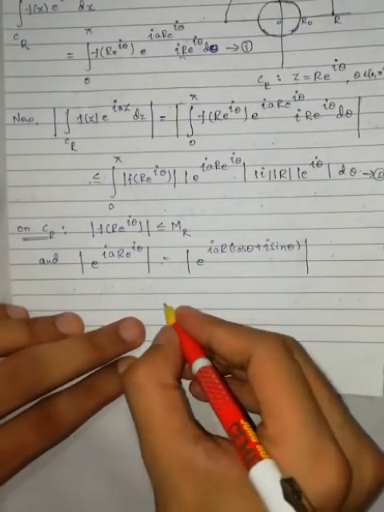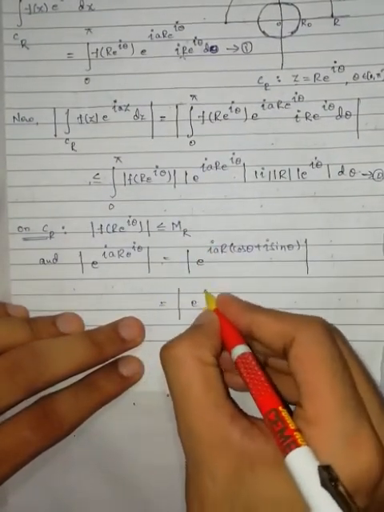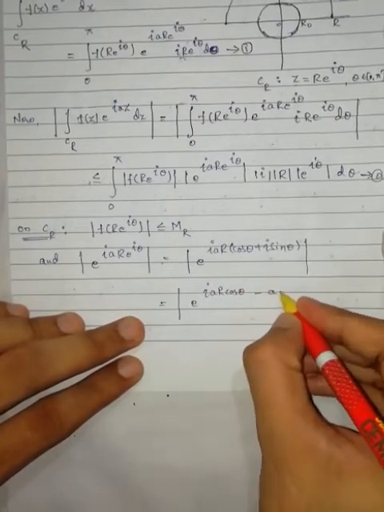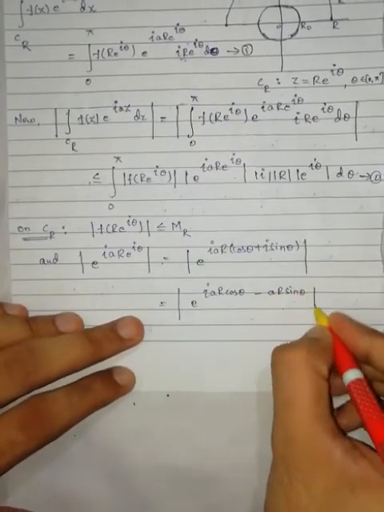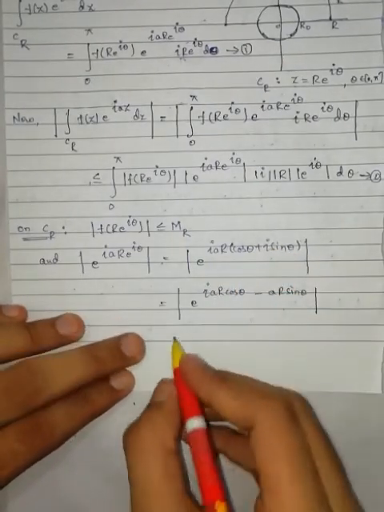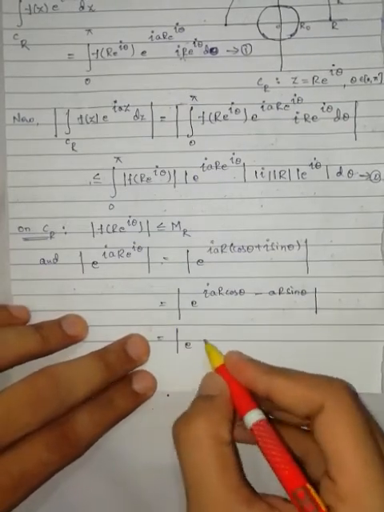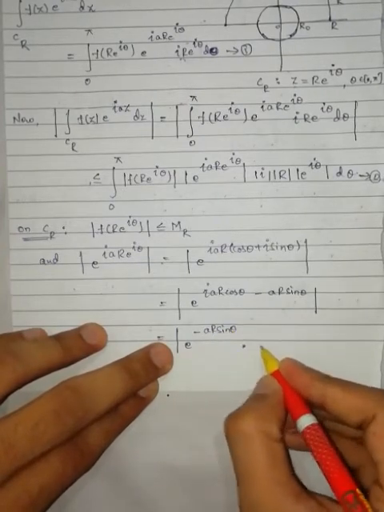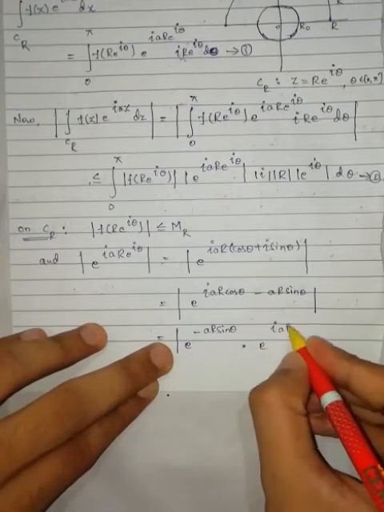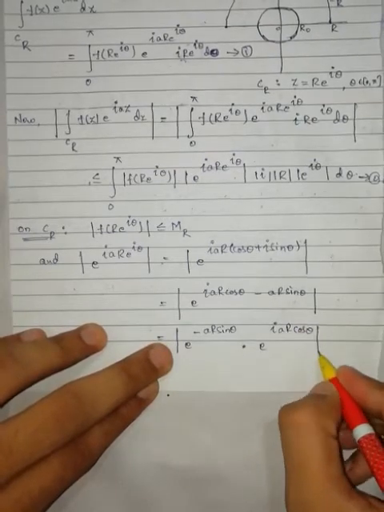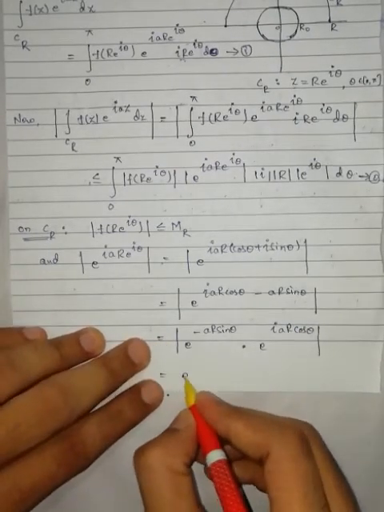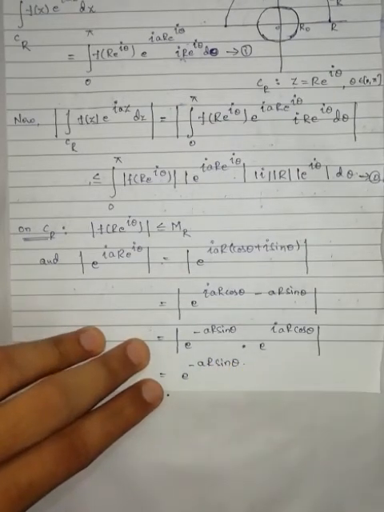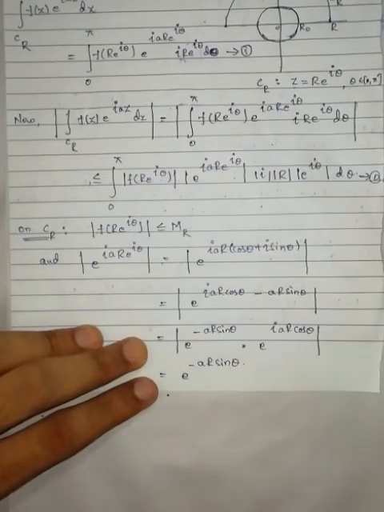This can be written as modulus of e to the power of iota aR cos theta minus aR sin theta, since iota into iota is minus 1, which is equal to modulus of e to the power of minus aR sin theta into e to the power of iota aR cos theta, which is equal to e to the power of minus aR sin theta, because the modulus of the second factor becomes 1.